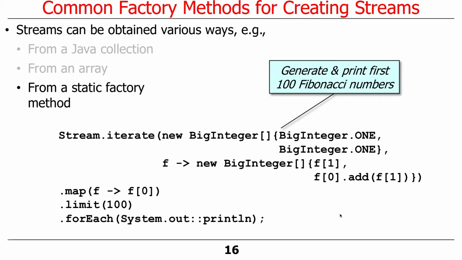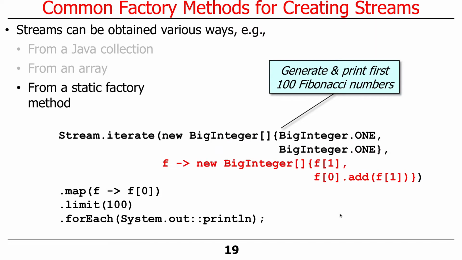This particular example is going to generate and print the first 100 Fibonacci numbers using a stream. So what does it do? The first parameter to iterate is like the base condition. That's going to make a new BigInteger array having 2 elements, both of which are the value 1.